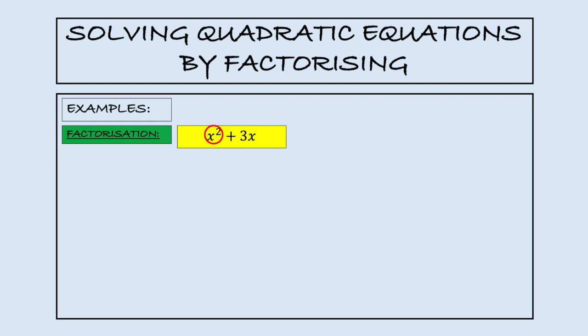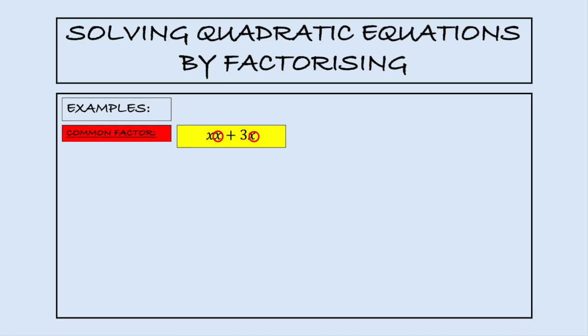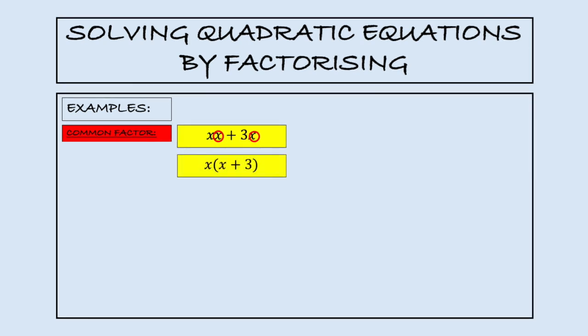We can see that x squared can be broken up into x times x, and 3x can be broken up into 3 times x. In both cases, we can see that x has a coefficient. So x is the common term. This allows us to bring x out of the expression and multiply it by x plus 3 brackets.